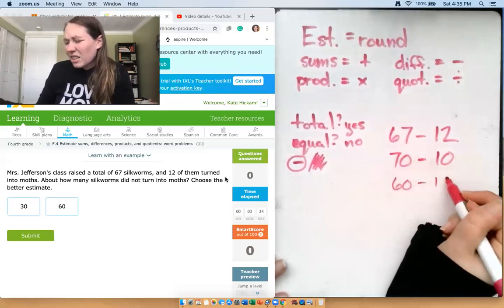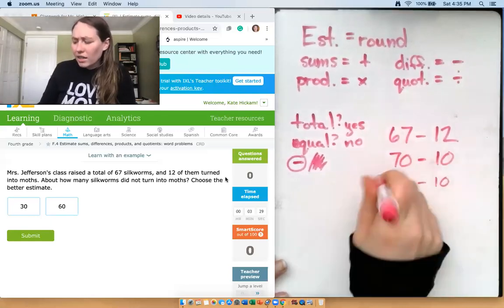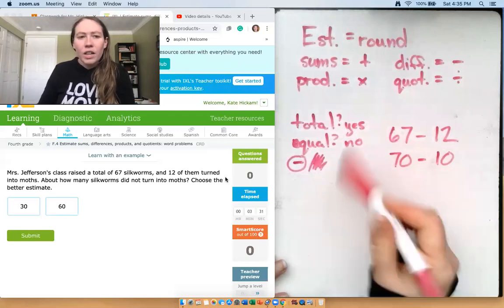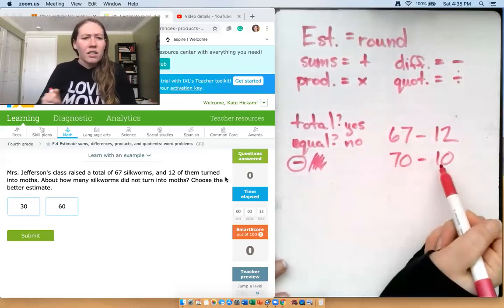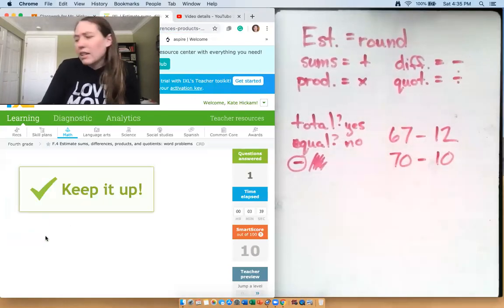But that's really, it should go up. So I know that my best rounded guess would be 70 minus 10. Well, 70 minus 10, that equals 60. It doesn't equal 30. So I'm going to click on the answer that says 60, hit submit.